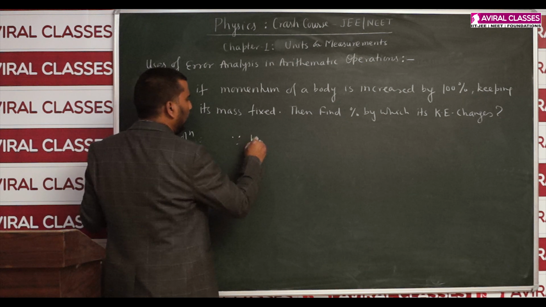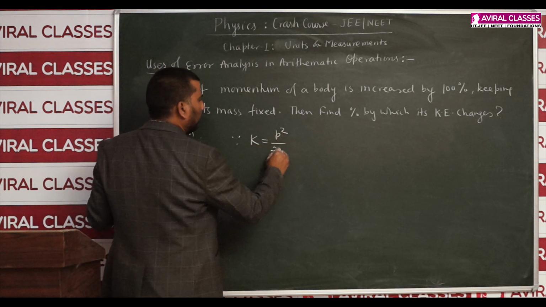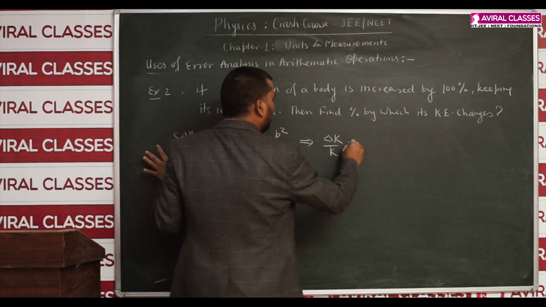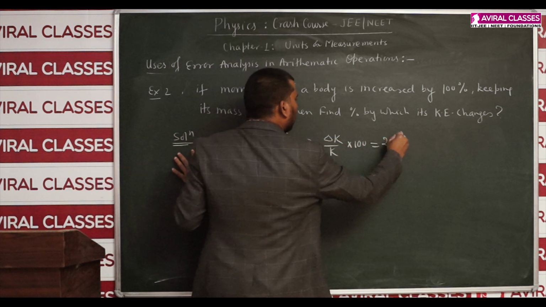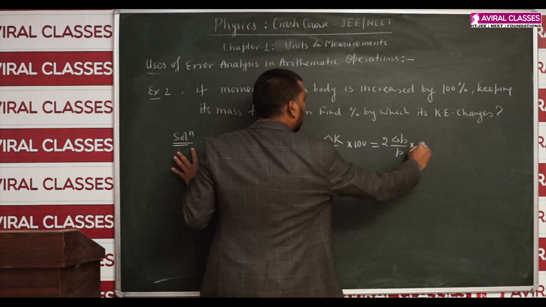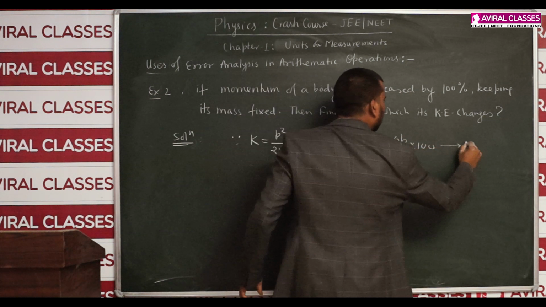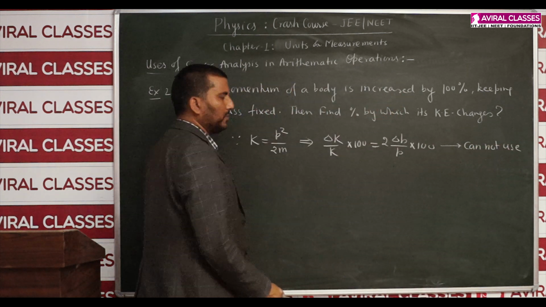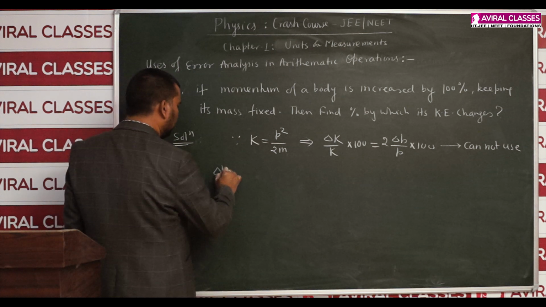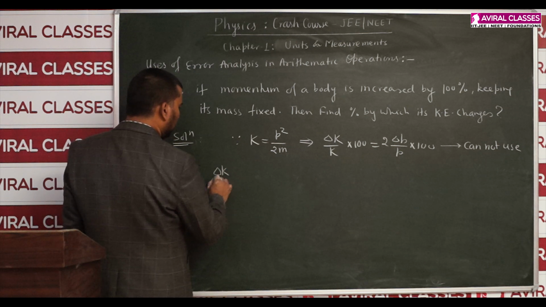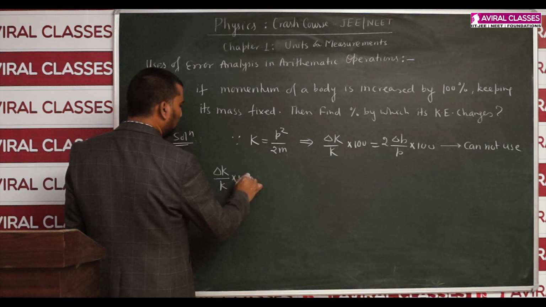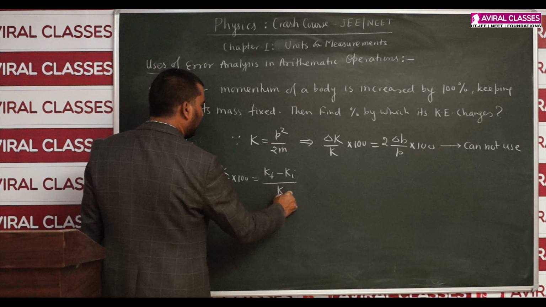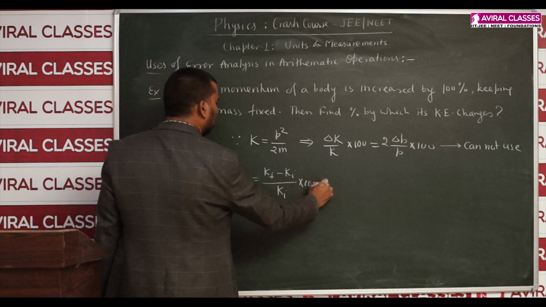Since kinetic energy is P square by 2m, so delta K upon K into 100 you cannot use. We'll use simple method. That is final kinetic energy minus initial kinetic energy upon initial kinetic energy into 100.